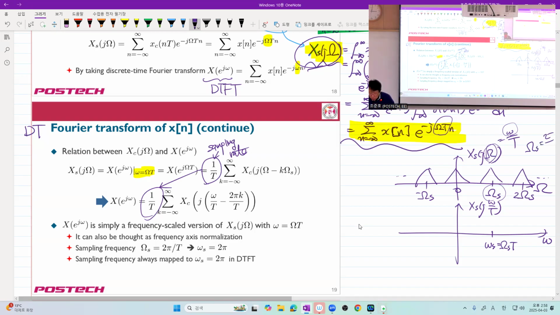It was 2 pi over T. So actually, this is nothing more than 2 pi. And what is this one? 4 pi. 2 pi, 0. So suddenly, what do you have? You have a function that is periodic with period 2 pi.